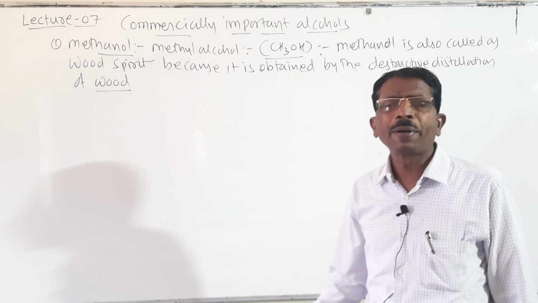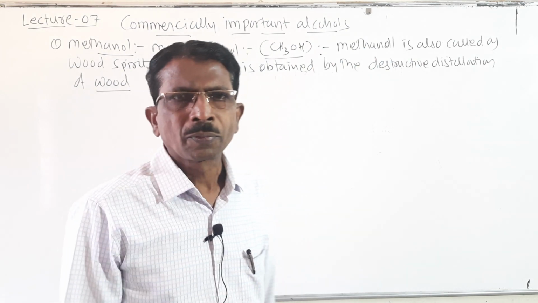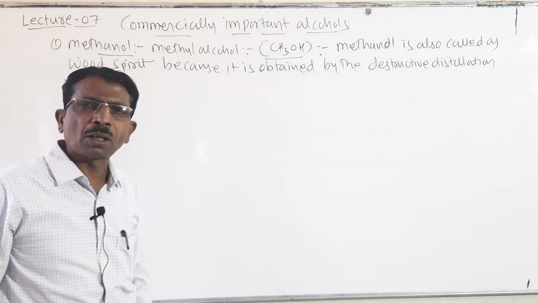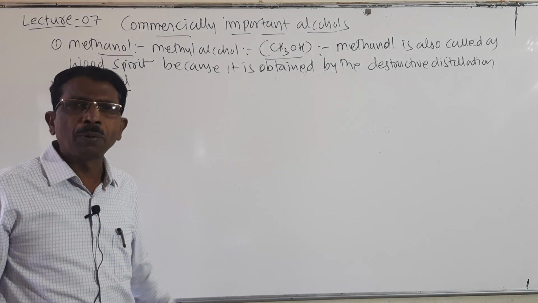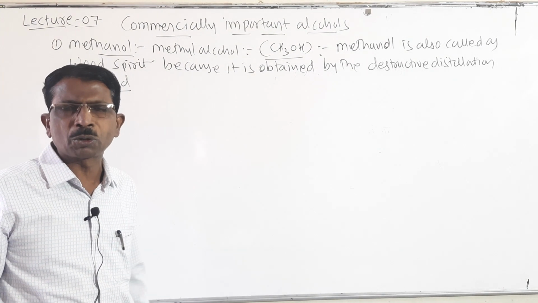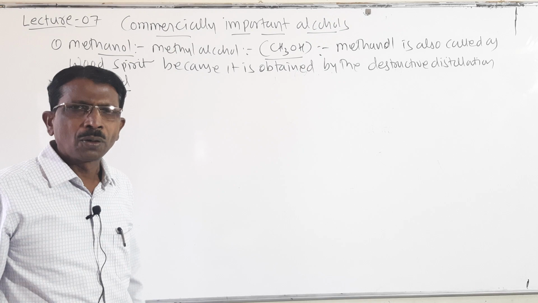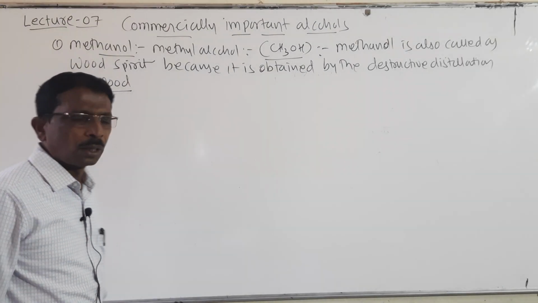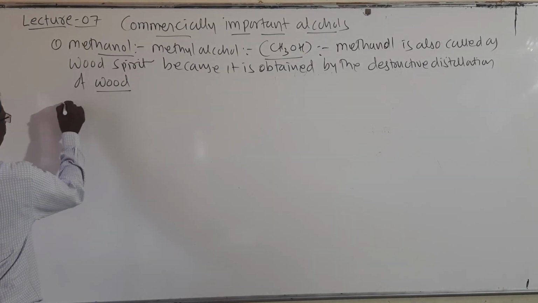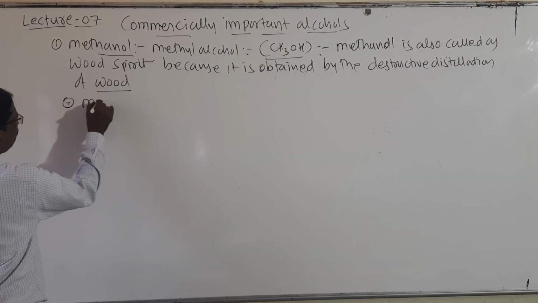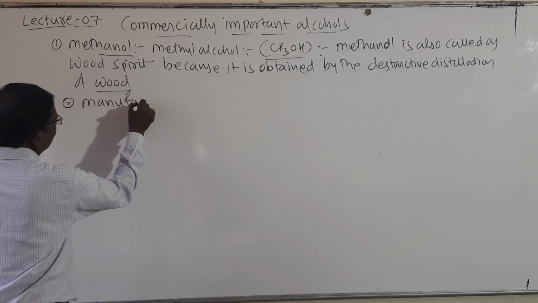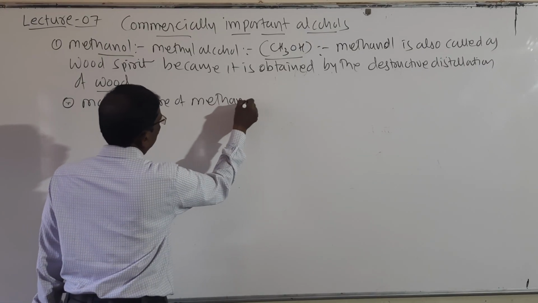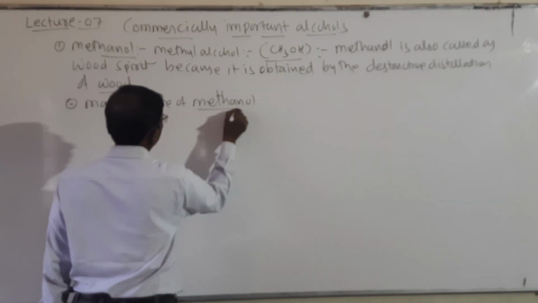So then how is it manufactured? Previously, ancient people prepared this methanol from wood. When wood is subjected to destructive distillation, it gives methyl alcohol. But how can it be manufactured? Manufacture of methanol.